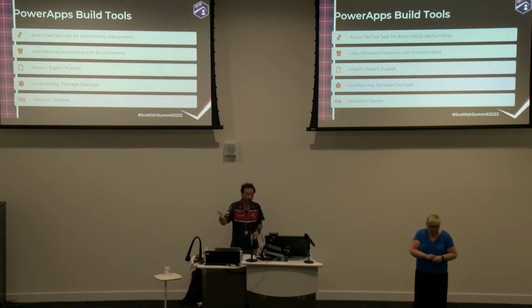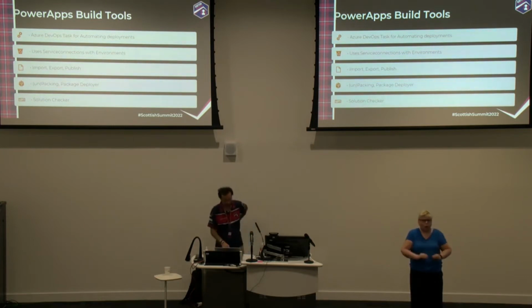With those additional functions, this can be completely and fully automated using these Power Apps build tools. You can pack and unpack, and you can also do the solution checker and so on to make sure that your application has no errors. It's like you are compiling your code, let's say.